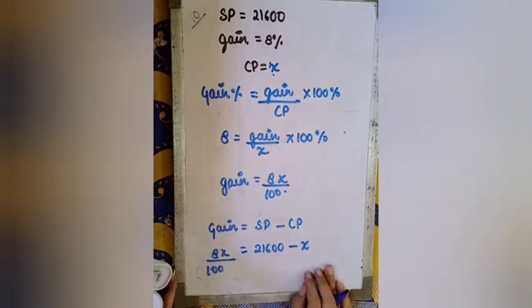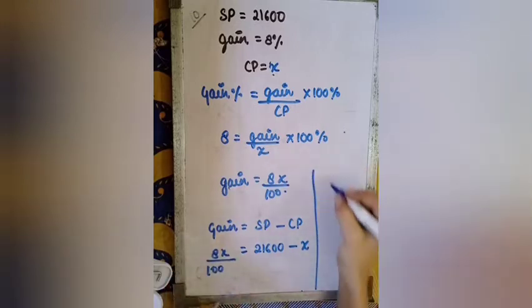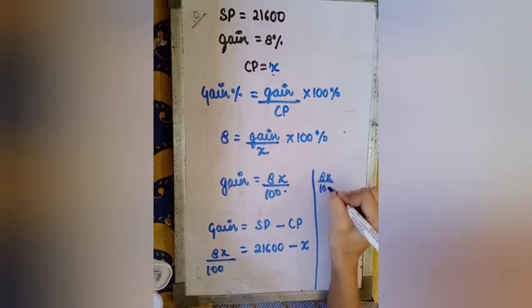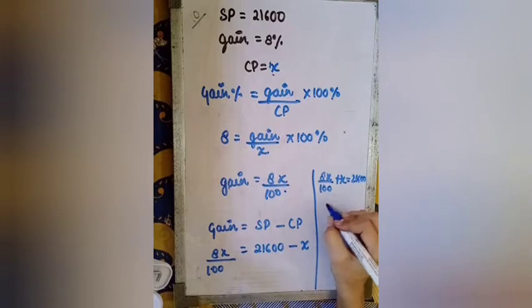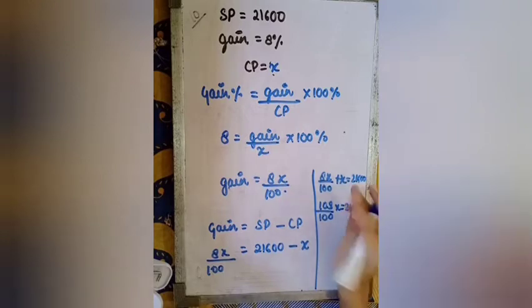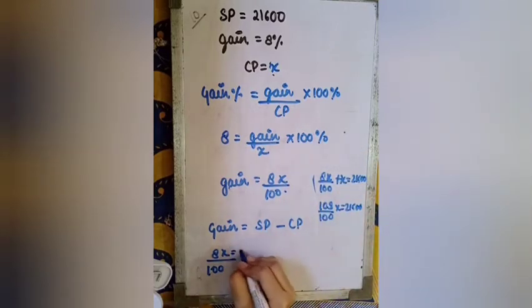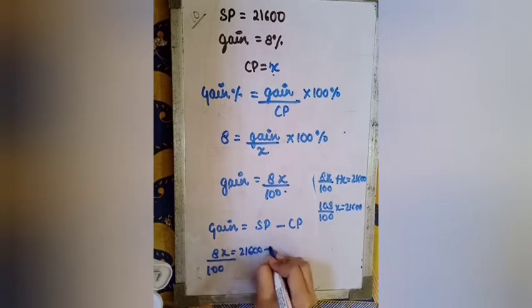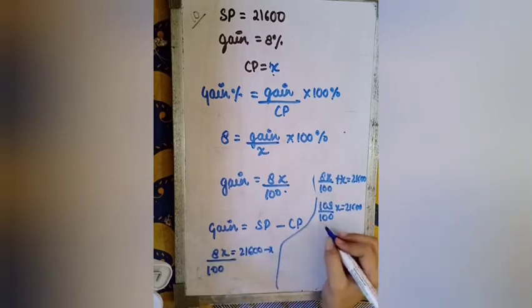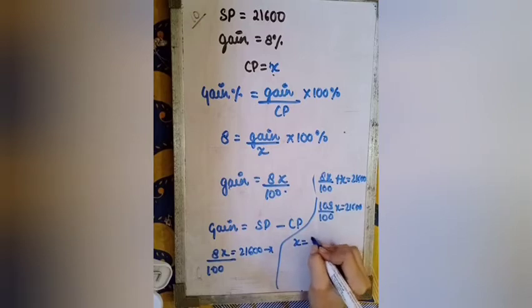Now students, you can solve it easily. It is 8x upon 100 plus x equal to 21600. It is 108 upon 100 x equals 21600. Now from here we can easily find the value of x.